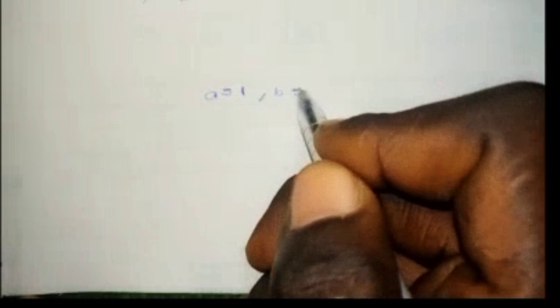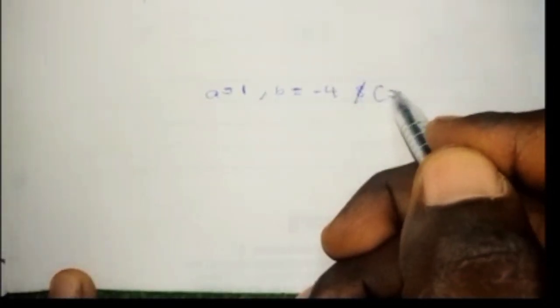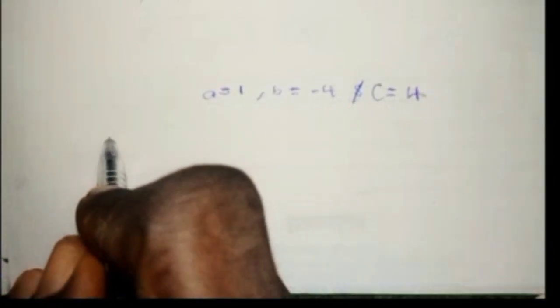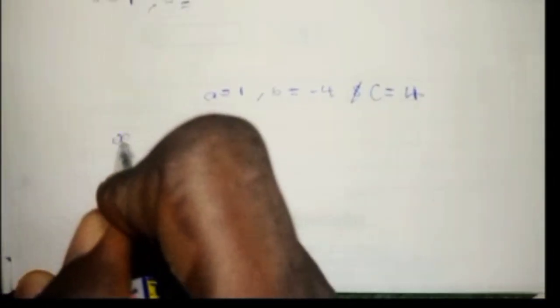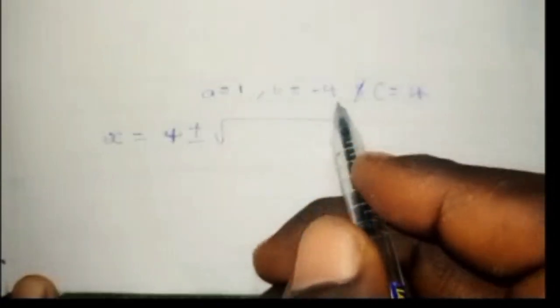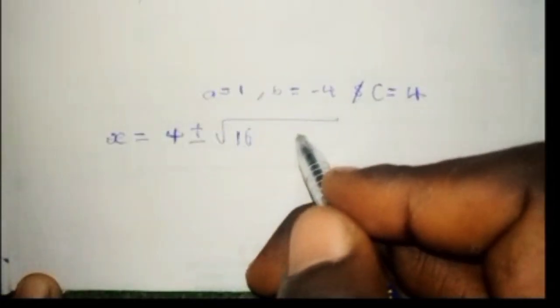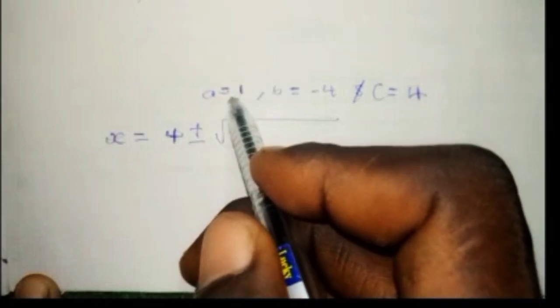So we have our first term, which is a. We have our a to be equal to 1, b to be equal to minus 4, and c equal to 4.